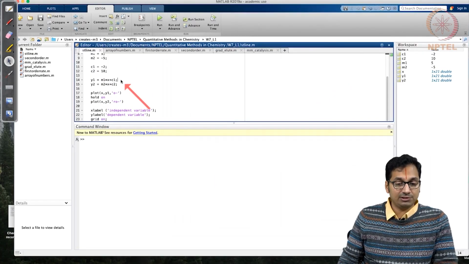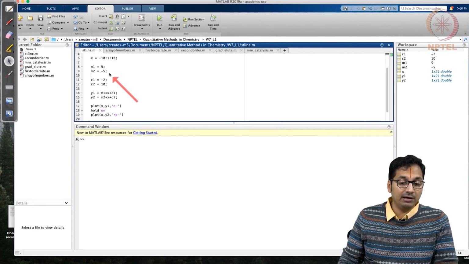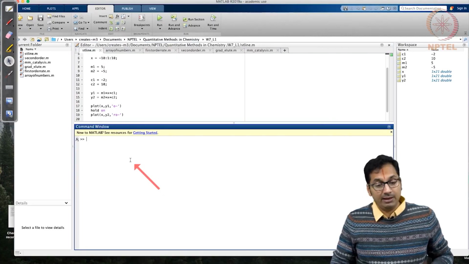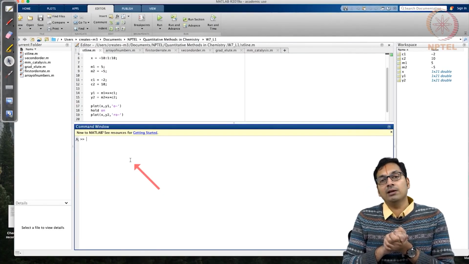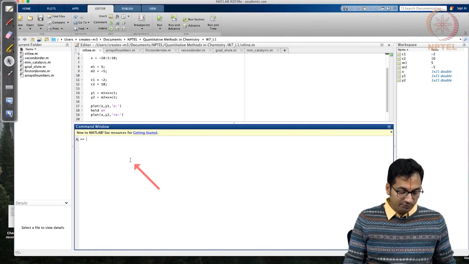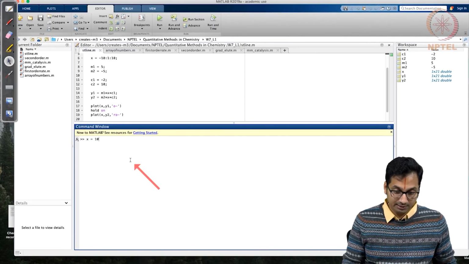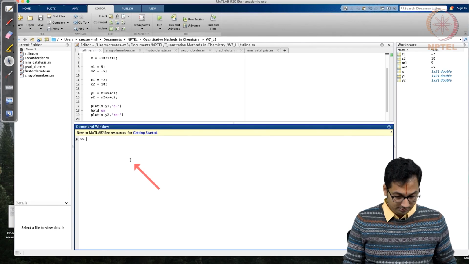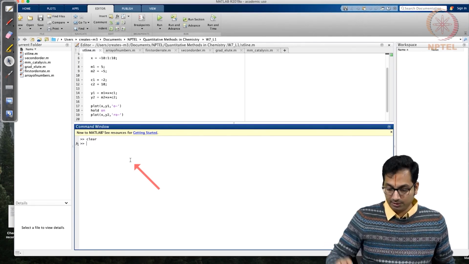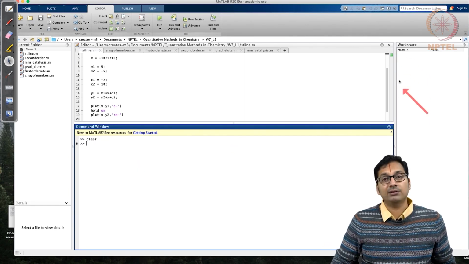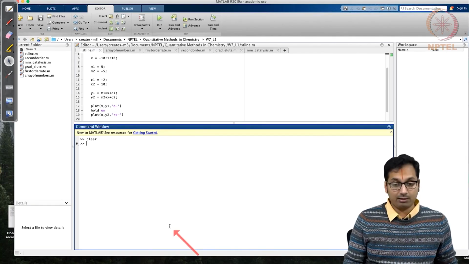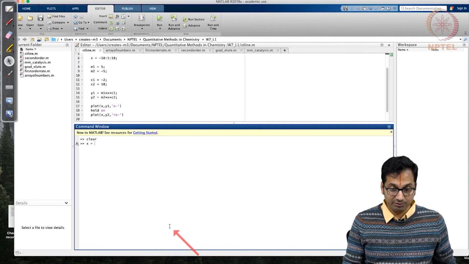But of course this is also laborious because you need to keep on defining what is your m and what is your c. So what we will see in a moment is how to generate this quickly on the fly. So one way of doing this is that you can once again create the x variable. To start with, it's better to clear any variables that you have had, otherwise MATLAB might get confused, or rather you might confuse MATLAB in the way you define.